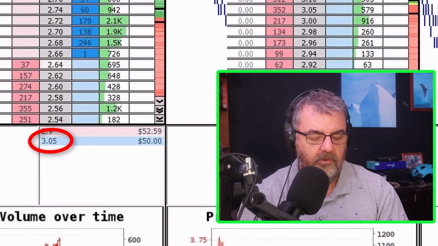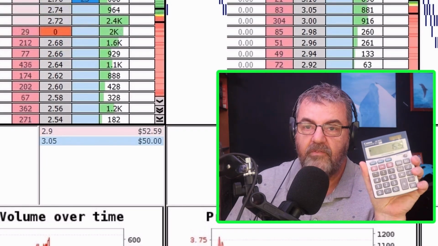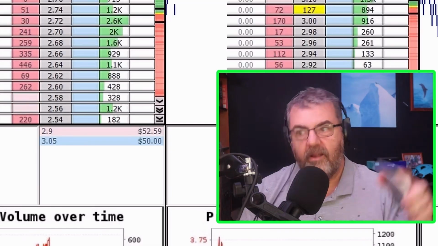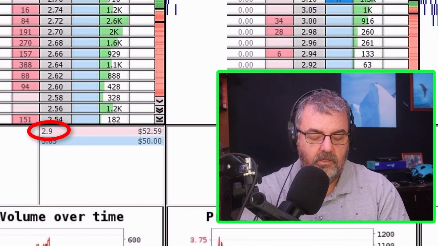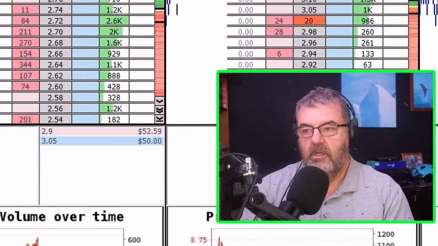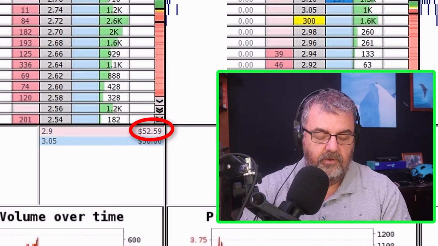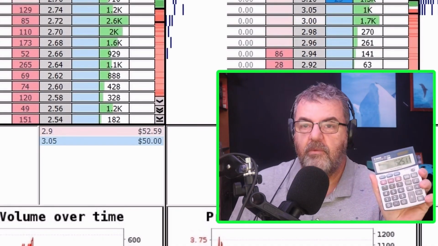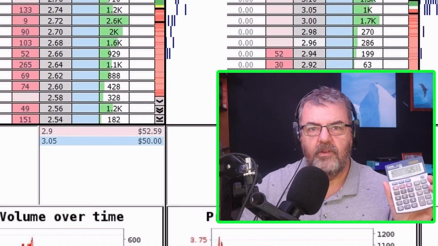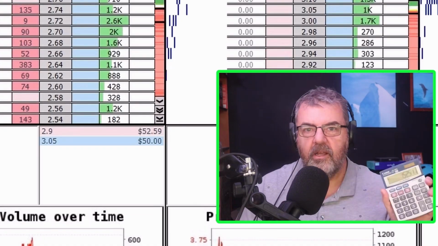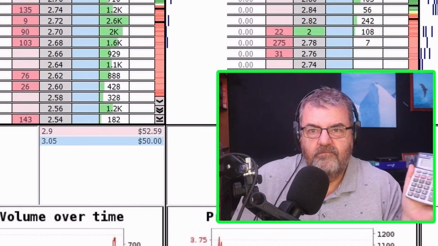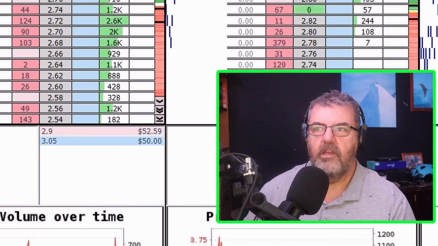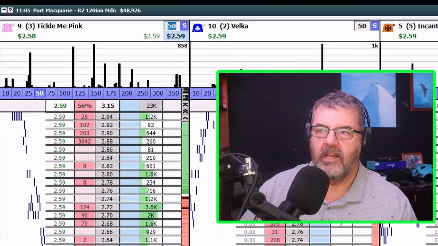Now, if you think about this logistically, if the horse wins, I get $3.05 times 50, which is $152.50, right? But I have to pay out $2.90 times 52.59, which is $152.51. So I have to pay out $152.51, but I'm collecting $152.50, which is why I'm 1 cent less here.